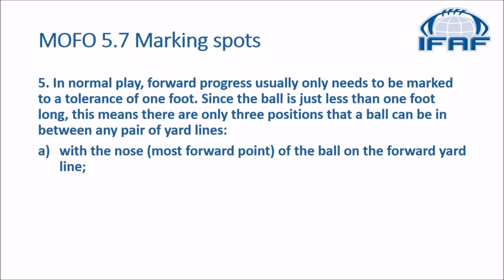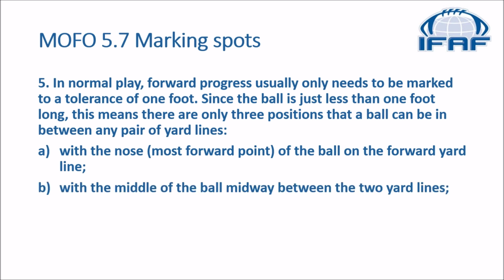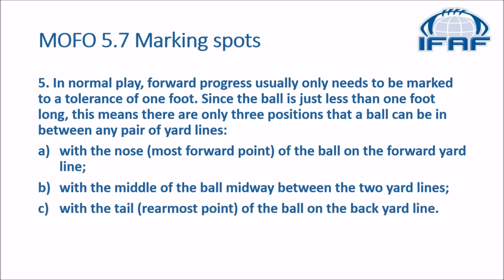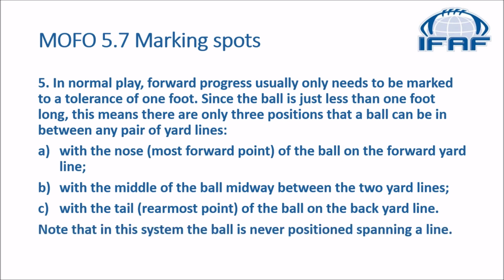A. With the nose, the most forward point of the ball on the forward yard line. B. With the middle of the ball midway between the 2 yard lines. And C. With the tail, the rearmost point of the ball on the back yard line.